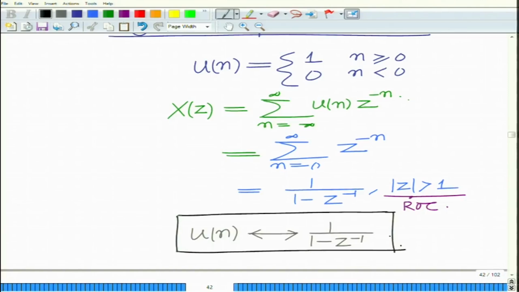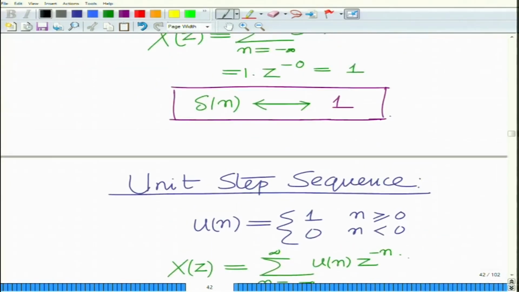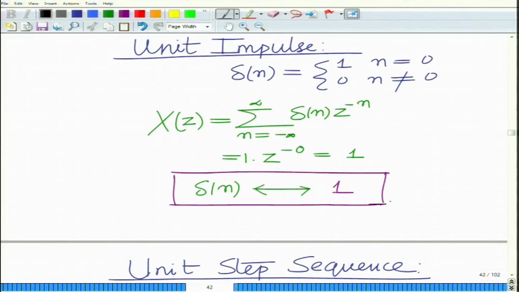And remember, one has to also specify the ROC. The ROC is magnitude of z greater than 1.